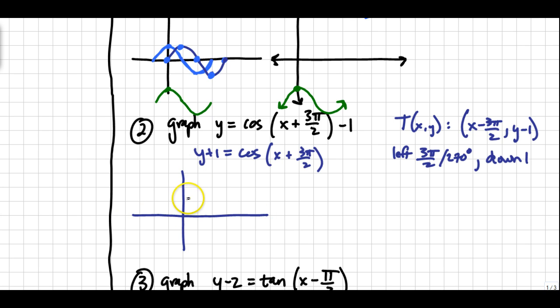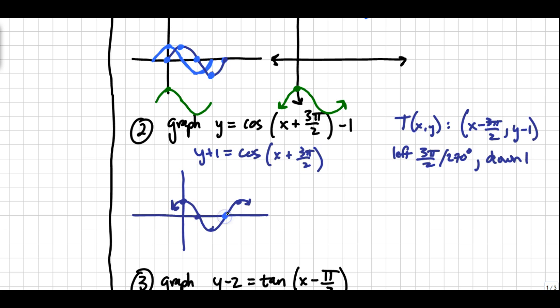So if I do my regular cosine graph, it starts up at 1, goes down, almost looks like it makes a V shape, but remember the curvature of it makes it look more like a wave. So there's my original. So the new one is going to shift to the left 270. So there's a couple different ways you can deal with that. For me, I like to look at where the regular 270 is.